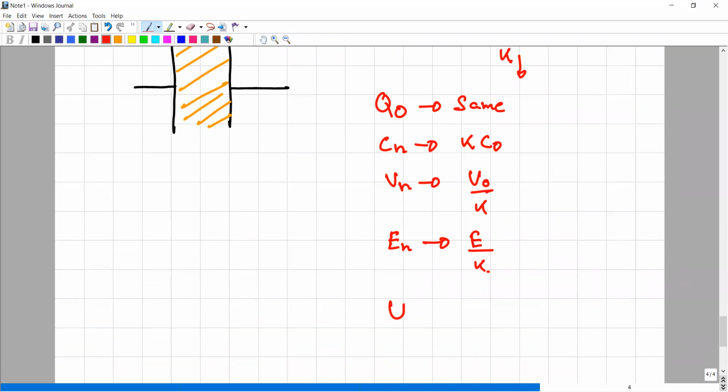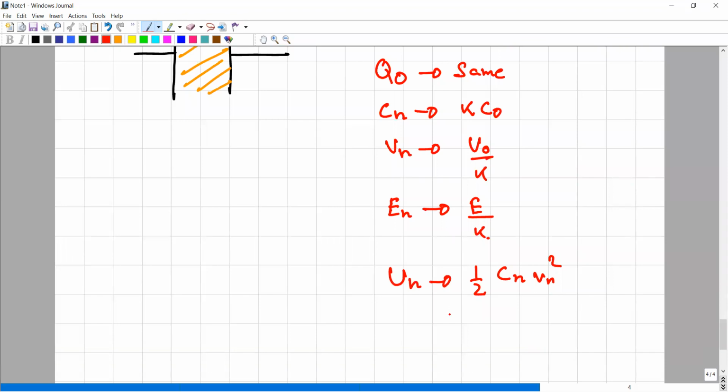And energy: the new energy will be half of the new capacitance times the new potential square, half CV square. So the new capacitance has become how much? Half of K times the old capacitance, and the new potential has become 1 by K times the old potential, squared.